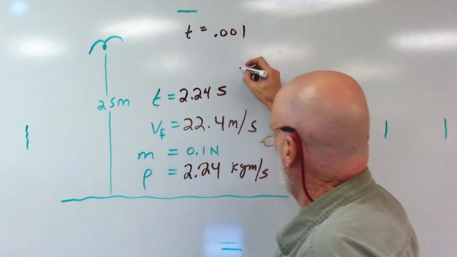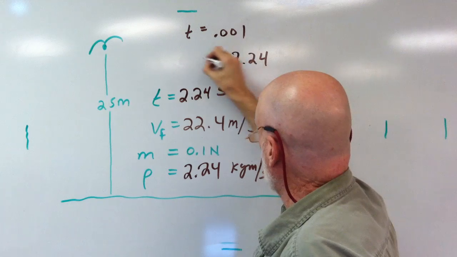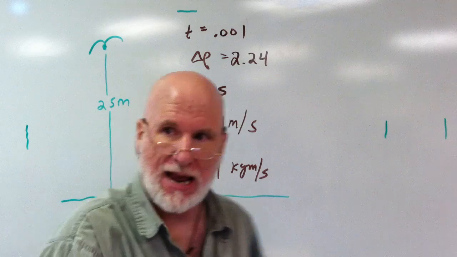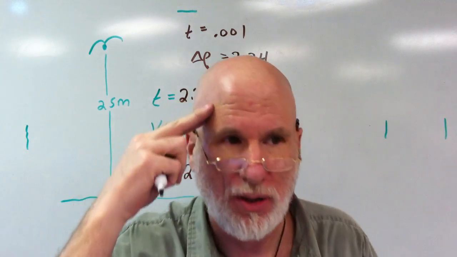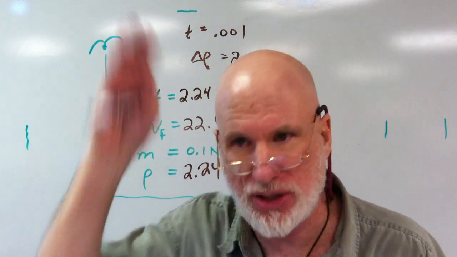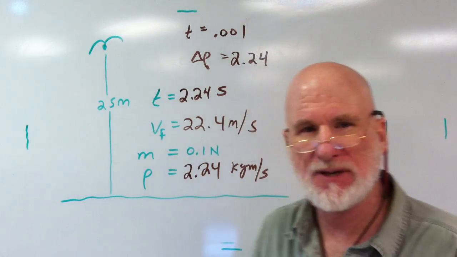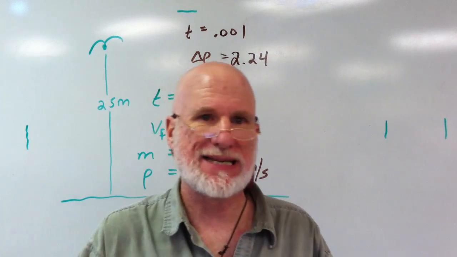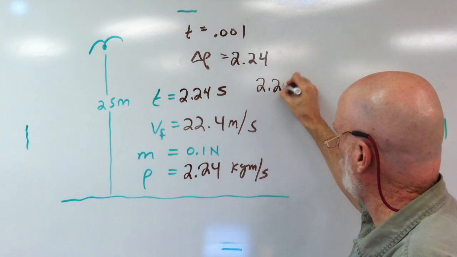So 2.24 is going to be the change in momentum, because that's what it's going to have right before it hits the ground, and then it's going to have none. It's going to bounce, which makes the momentum change even greater, but we'll ignore that. This will be a minimum value.